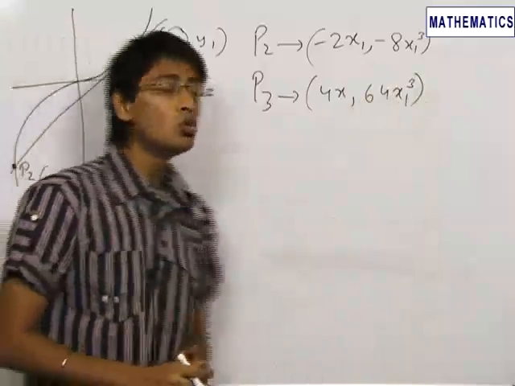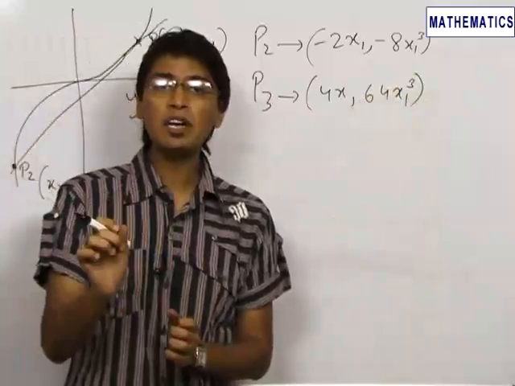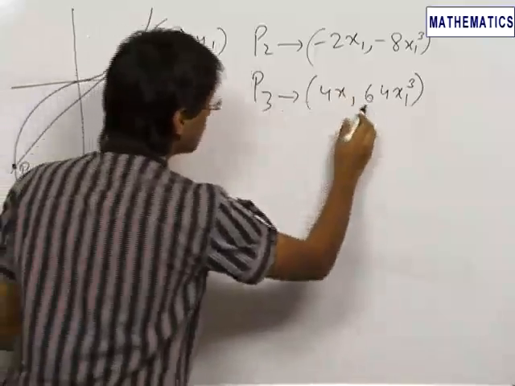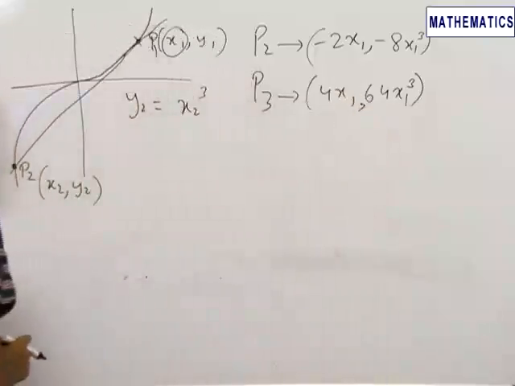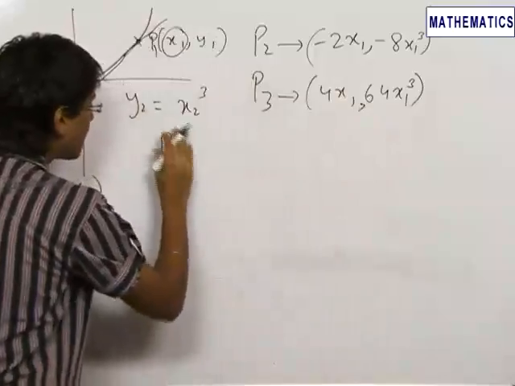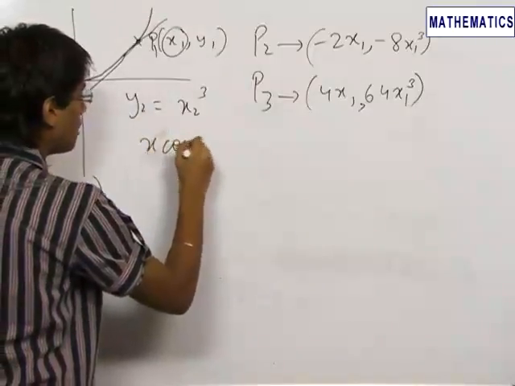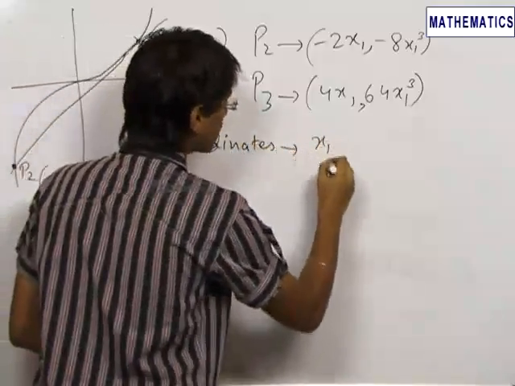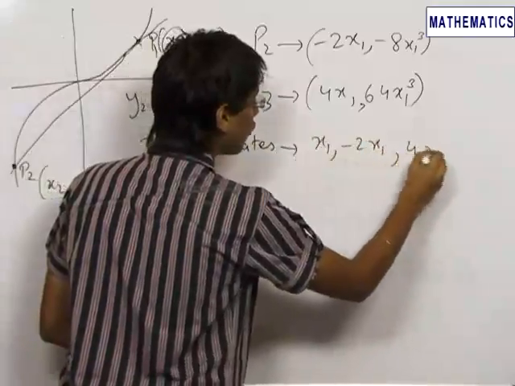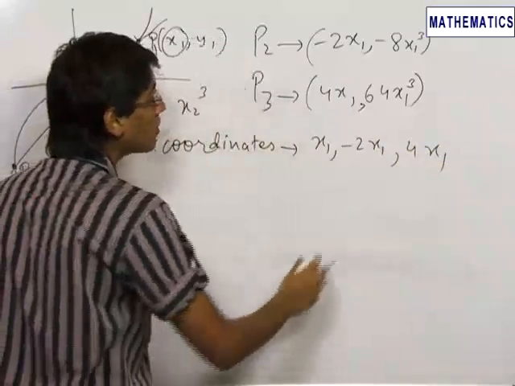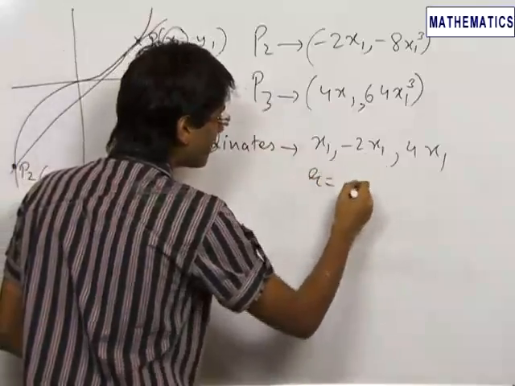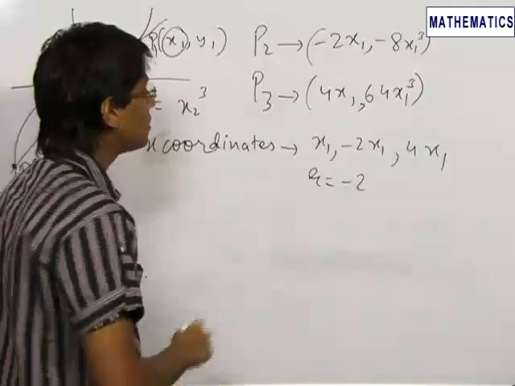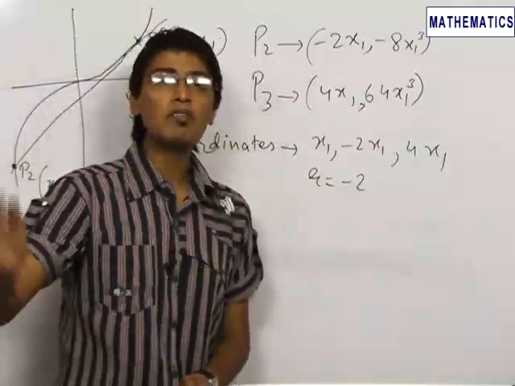We just need to do the steps which we did for the points P1 and P2 again for the points P2 and P3 to get the coordinates of P3 as 4x1 comma 64x1 cube, and hence we can see that the x coordinates, or the abscissas, for points P1, P2, P3 are x1, minus 2x1, 4x1. Very obviously the common ratio over here is minus 2, over here is minus 2. So the abscissas of points P1, P2, P3, and in the same way for P4, P5, P6, etc.